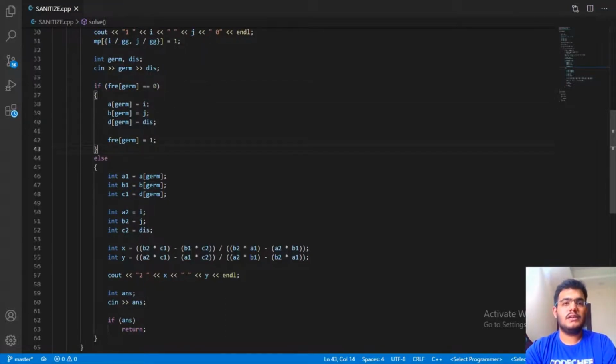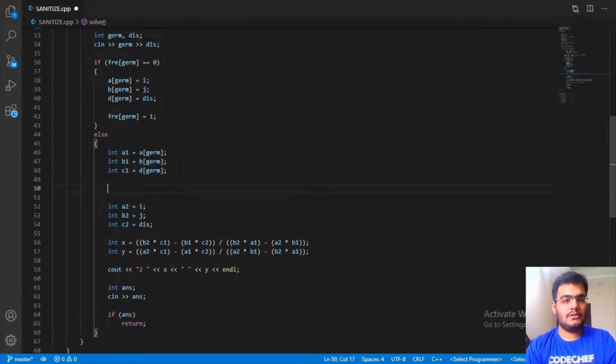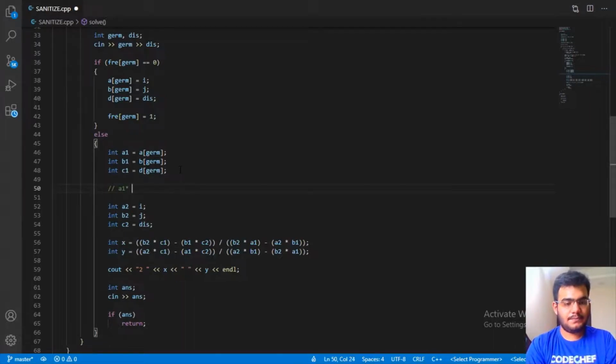And if the frequency was already 1, it means that we have already asked a query and A, B and D are already stored in these arrays. So we have the values here. For the first query, the equation is A1 times X plus B1 times Y equals C1, because this particular term is 0 only.